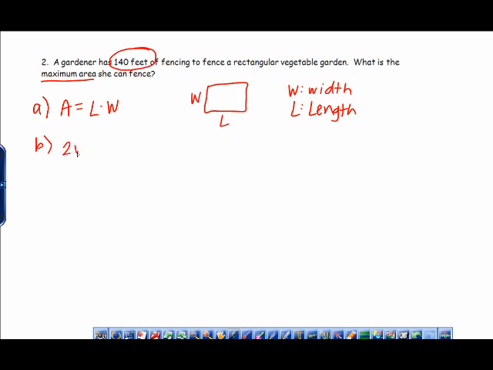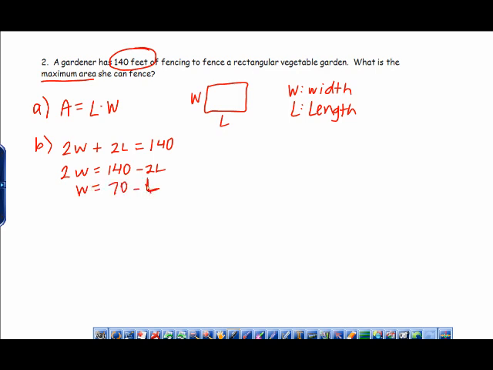So that's going to tell us that 2W plus 2L equals 140. Now, we need to solve. Now, it doesn't really matter here if we solve for W or for L. So I'm going to go ahead and solve for W. First of all, we would have 2W equals 140 minus 2L. So that W equals 70 minus L.